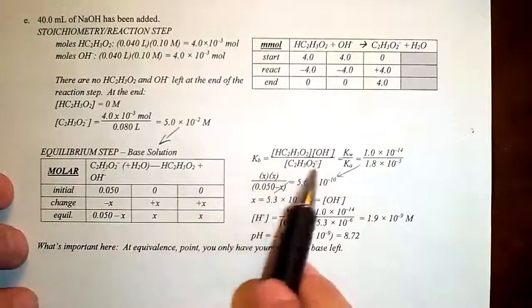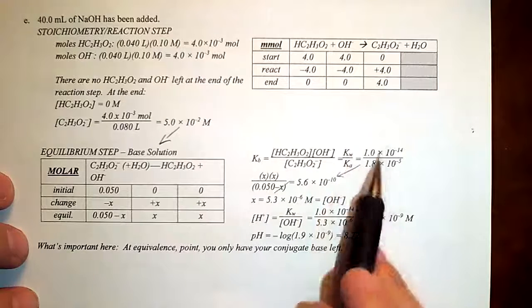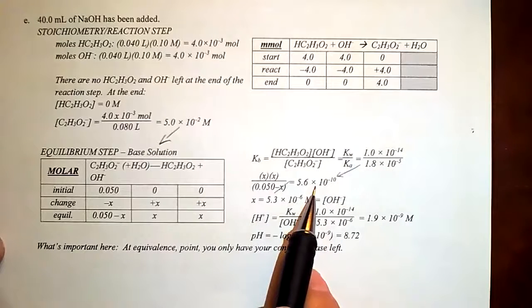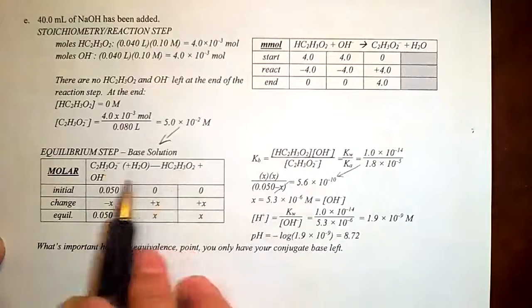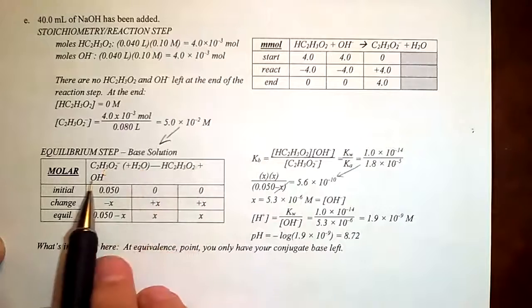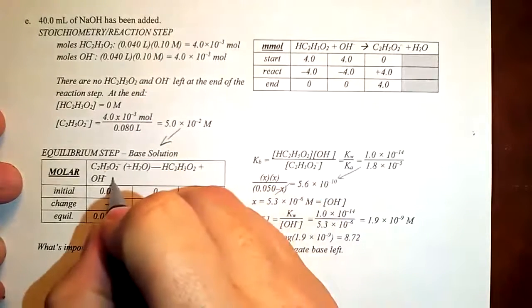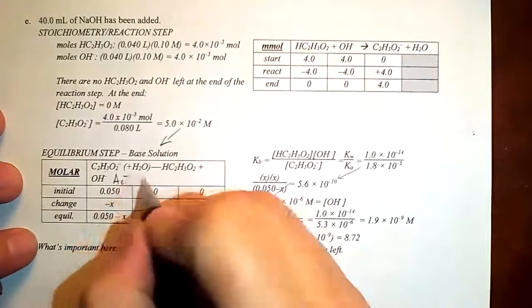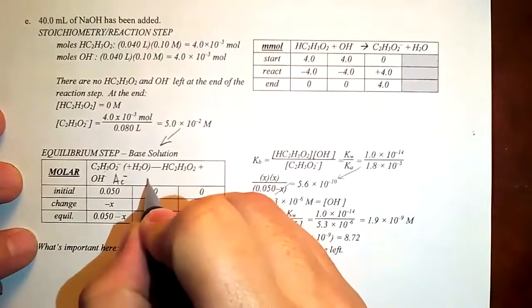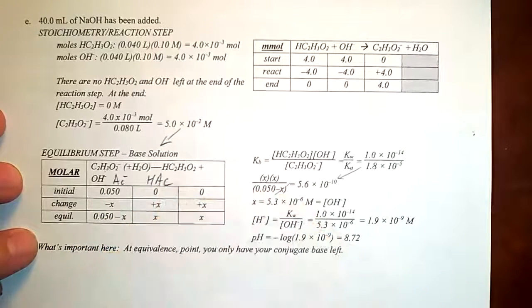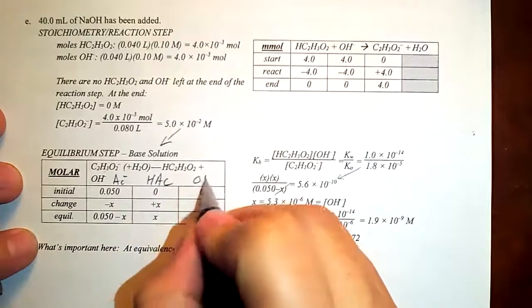You're going to find the Kb from Kw over Ka. So you get that. Here's the equation written out. The weak base in water, it generates OH minus. So remember, this is the acetate ion. This is the acetic acid created, and this is OH minus.